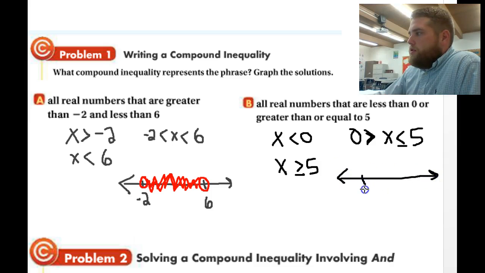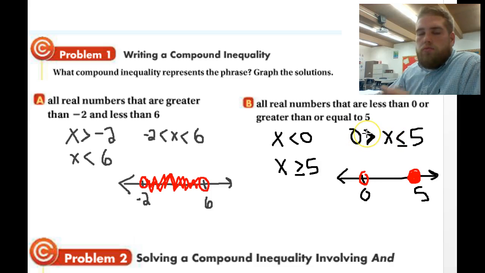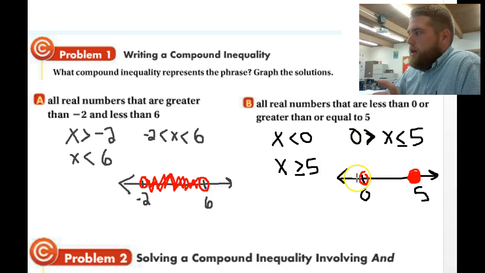okay? So I've got 0, and I've got 5, okay? So now when I make my bubbles, this one is open, okay, while this one is closed, okay? So now we have x, or 0 is greater than x, okay? So x is actually less than 0, so let's plug in some numbers, like negative 1, negative 2. So we're going to shade this way.